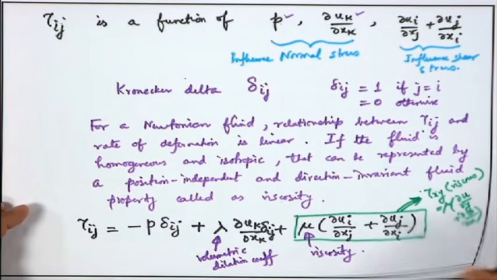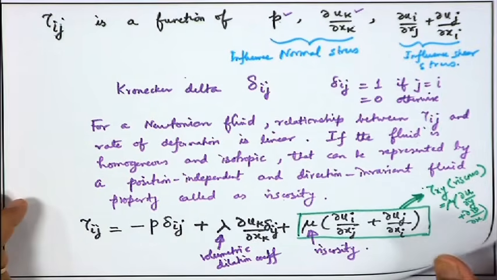So let us go ahead with this representation of tau ij. I am taking a fresh page and writing it again.